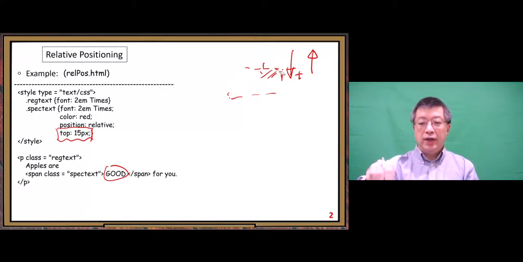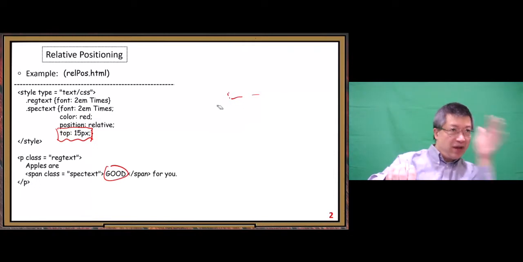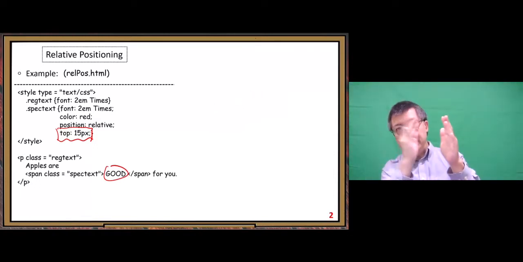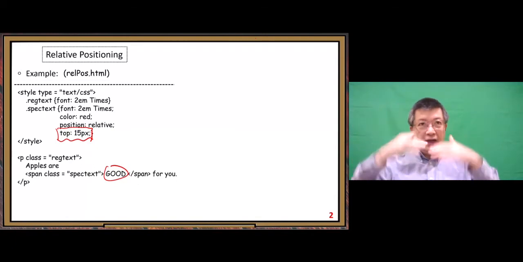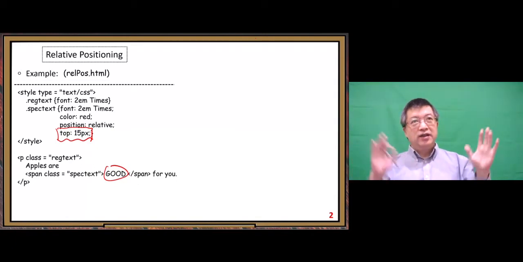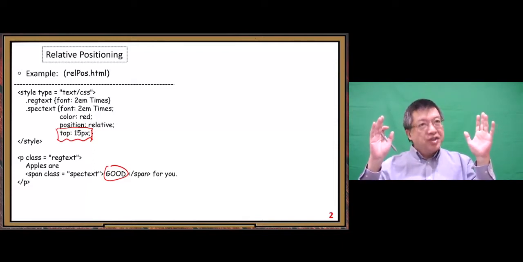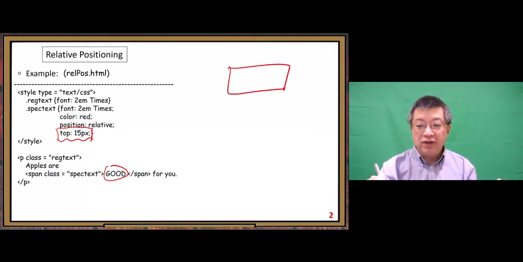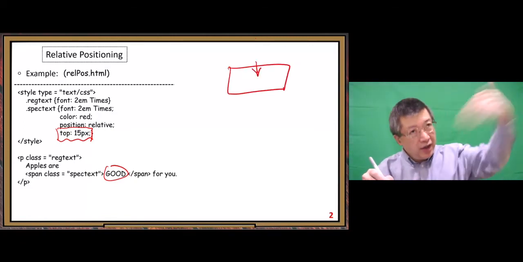Similarly, you can do left, positive, negative, right, positive, negative, bottom, positive, negative. So you can see positive goes in the inner direction, going inside the box.